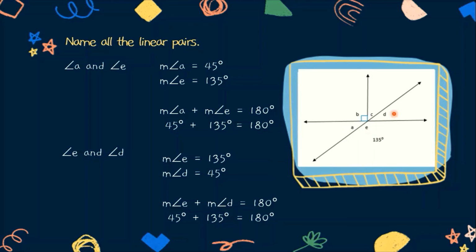They are adjacent angles. So ito yung A and E, ito yung line na kanilang fina-form for linear pair. For D and E, ito naman yung line na kanilang na-form as a linear pair. So therefore, aside from being supplementary angles, both these angle pairs na supplementary angles, they are also linear pairs and they are also adjacent angles.